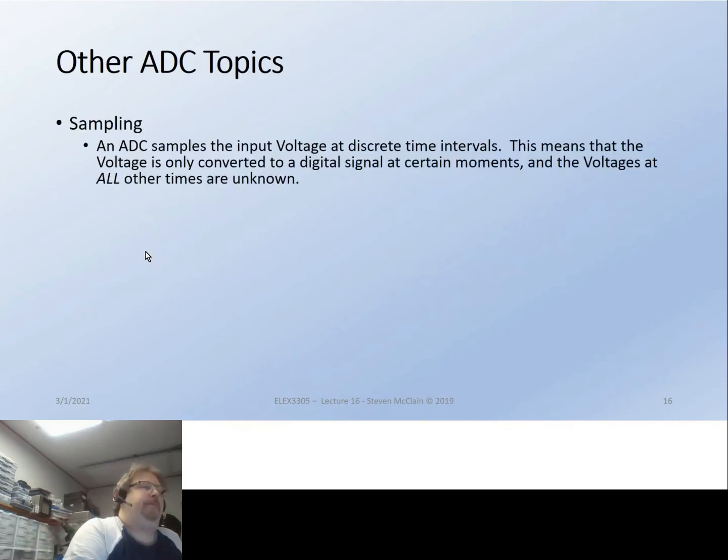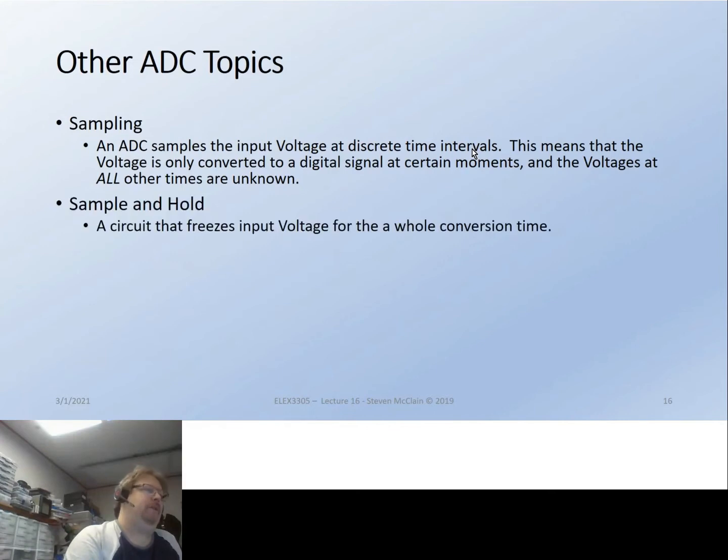Okay, so sampling. Say your voltage is changing. While the ADC conversion is going, you're really trying to only look at that one step. If the voltage is actually changing during that step, then you don't know what's going on. So they put a circuit in front of it that does what's called a sample and hold.